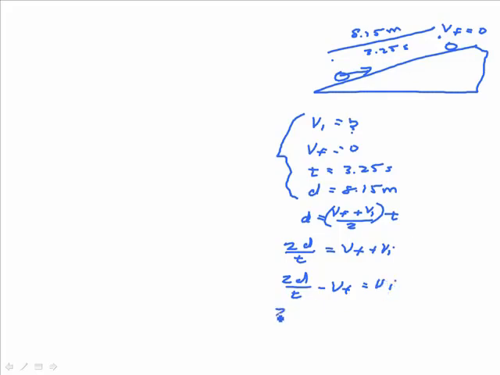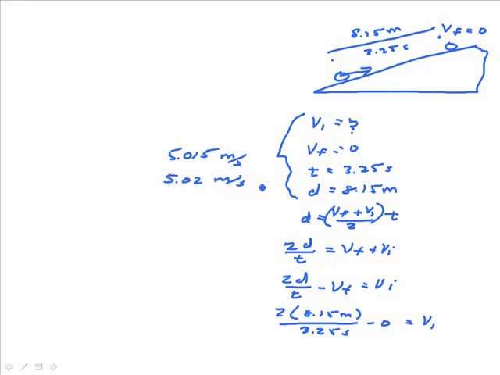So 2 times 8.15 meters divided by 3.25 seconds minus 0 is equal to Vi. And of course our solution is 5.015 meters per second, which we'd round to 5.02 meters per second.